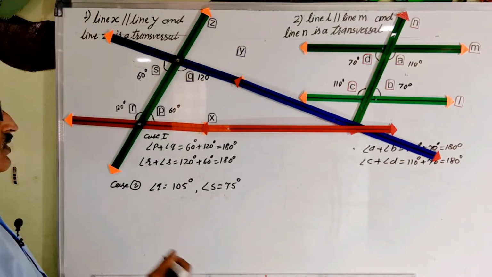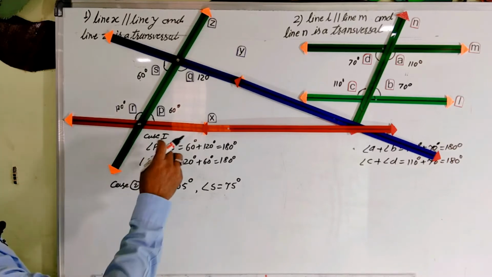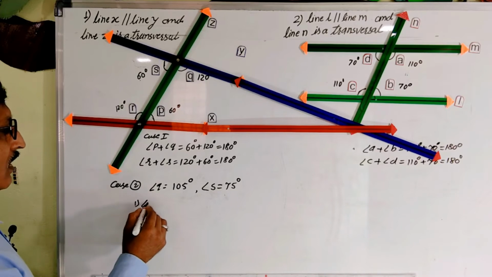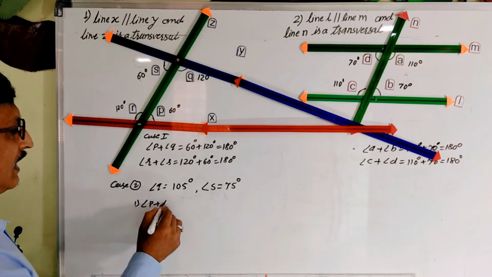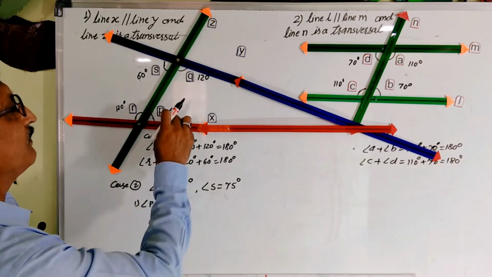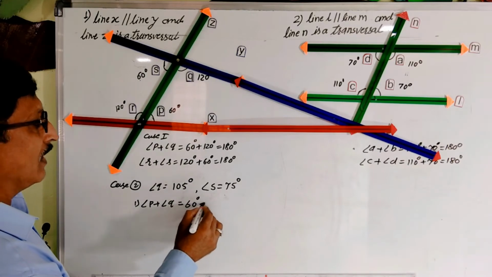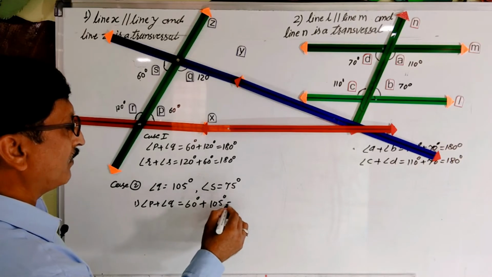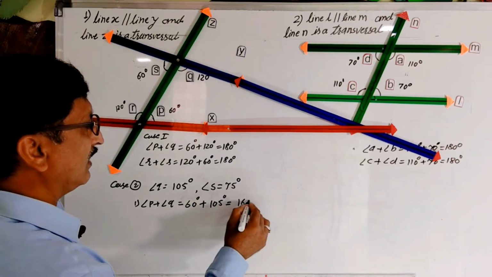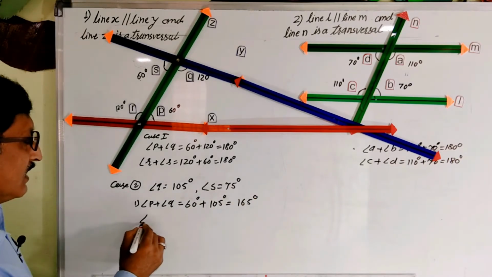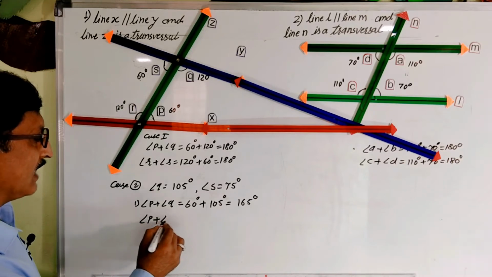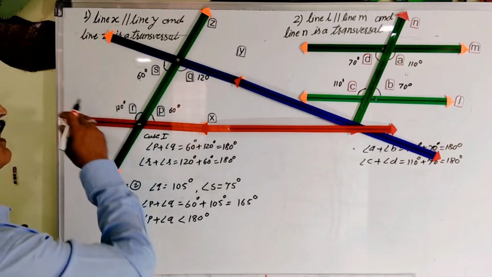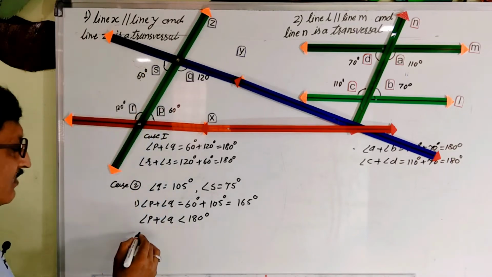That means you can say that in this case, angle P plus angle Q equals 60 degrees plus 105 degrees, and therefore the sum is 165. That means angle P plus angle Q is less than 180 degrees. Toward the other side, angles R and S, what will happen?